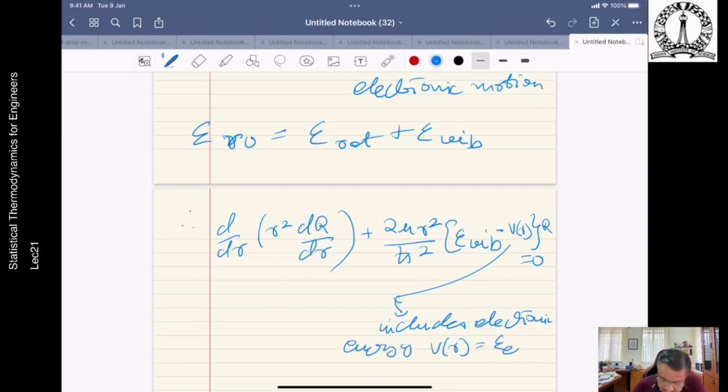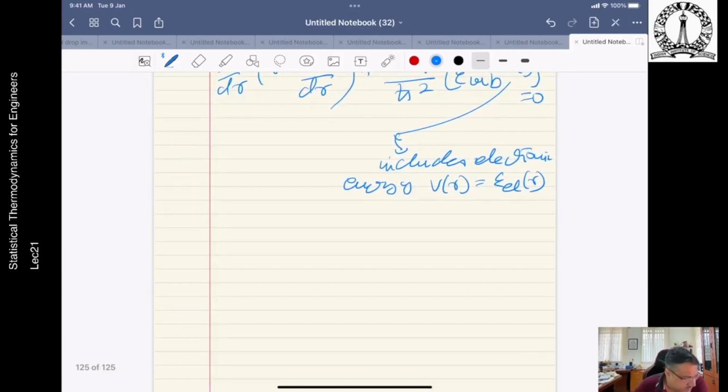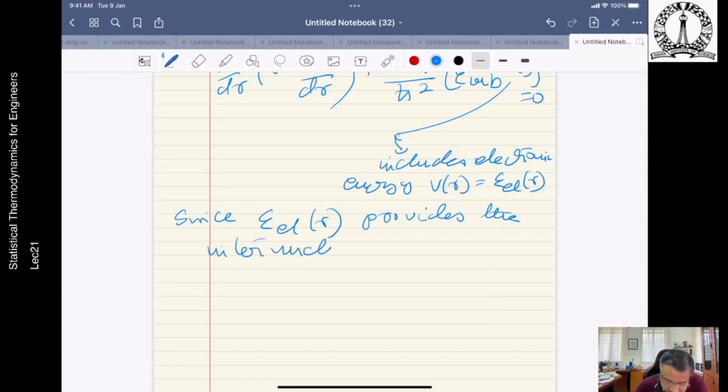Yeah, equal to electronic. Okay, so since electronic R provides the internuclear potential, E rho vibrational is E rotation plus E vibration.